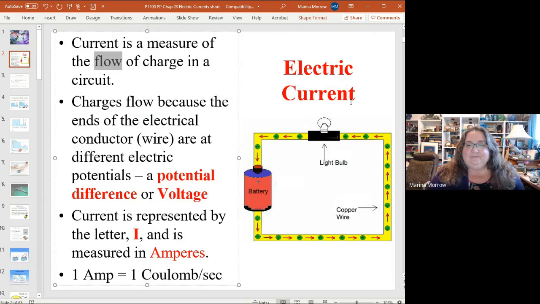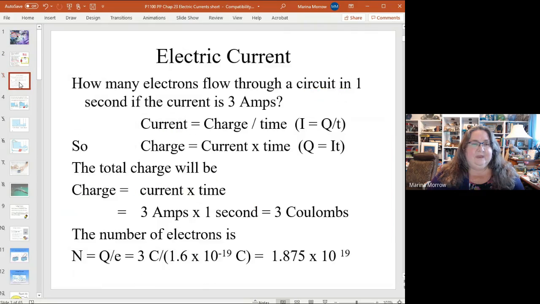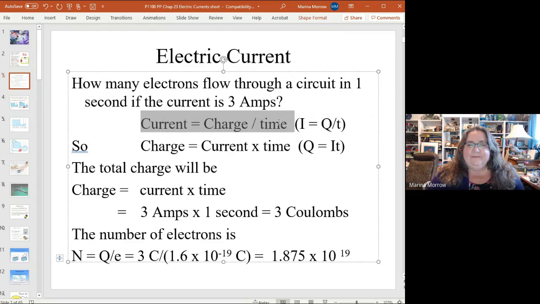All right. So current is charge per time, Q representing charge here, so I is Q over T. And so if you're looking for charge, that would be current times time.